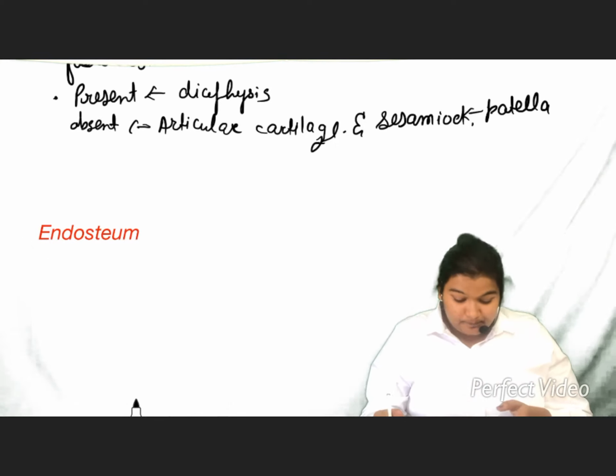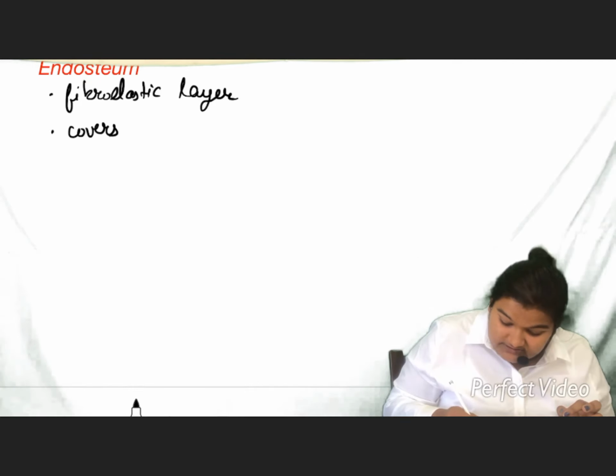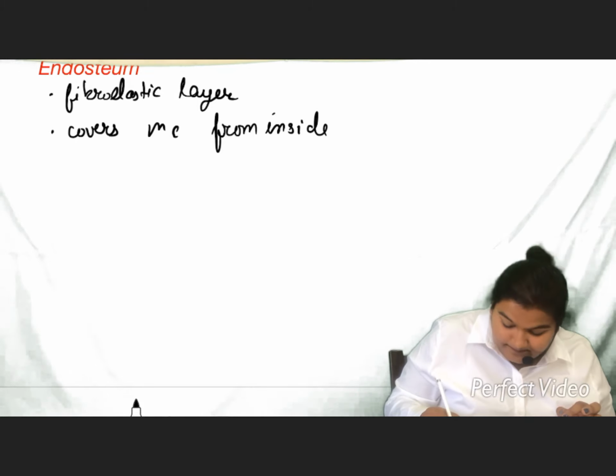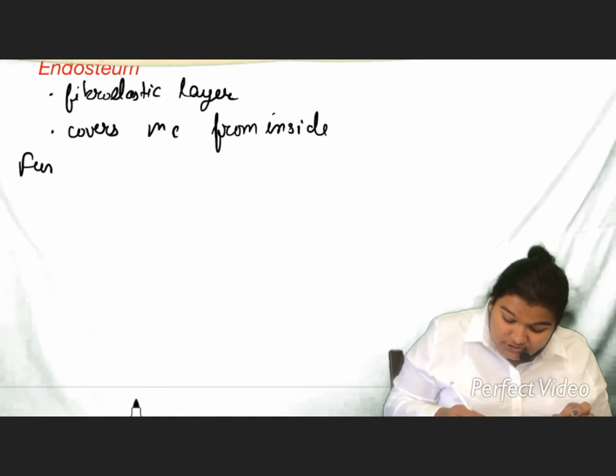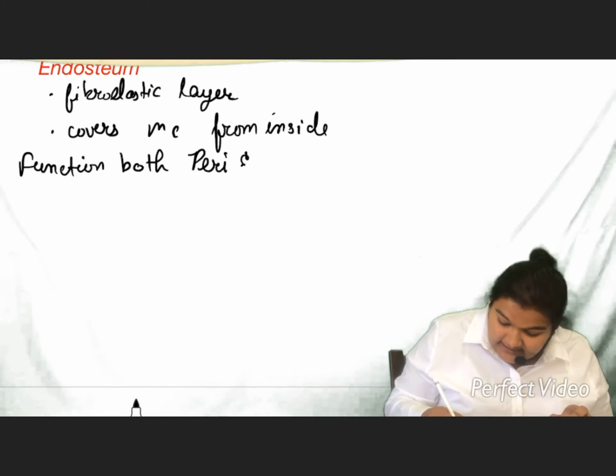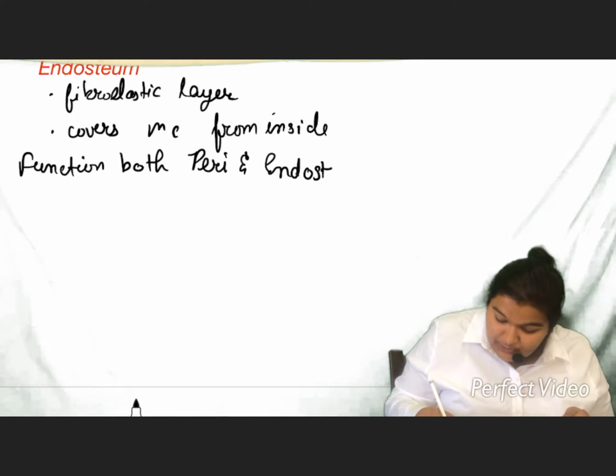Now let us move towards the endosteum. It is also a fibroelastic layer, covering the medullary cavity from the inside. Now let us see the functions of both the periosteum and endosteum.